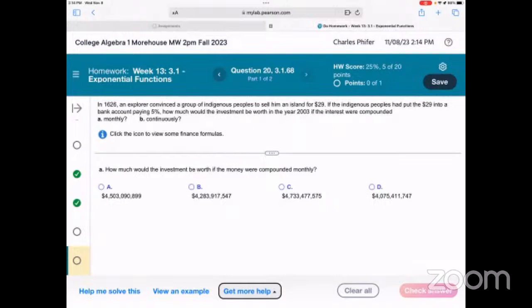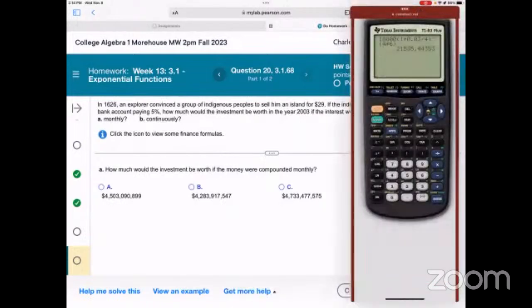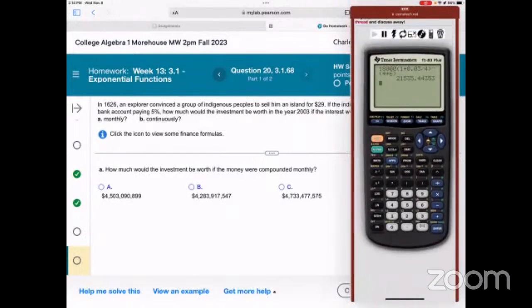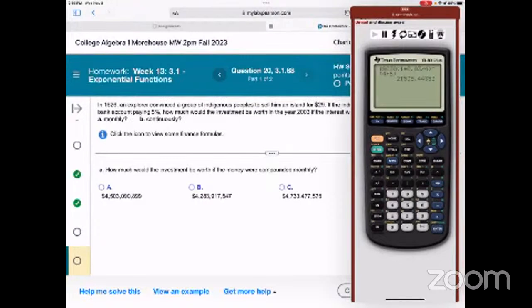Okay, so it's essentially the same thing we just did. I'm going to try to piggyback off of what's already in the calculator and just adjust my numbers. So it looks like our principal is $29 times 1 plus the rate is 5%, so that's going to be 0.05 divided by N, right?